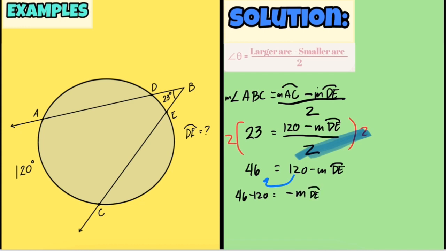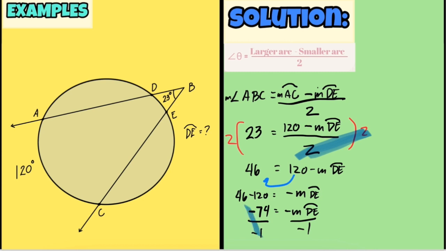Sir, you said there's no negative measurement. Chill out, okay? Trust the process. 46 minus 120, what are we gonna have here? Negative 74 equal to negative measurement of arc DE. So what do you do here? All you have to do is divide both sides by negative 1 so that you can cancel out the negative sign.